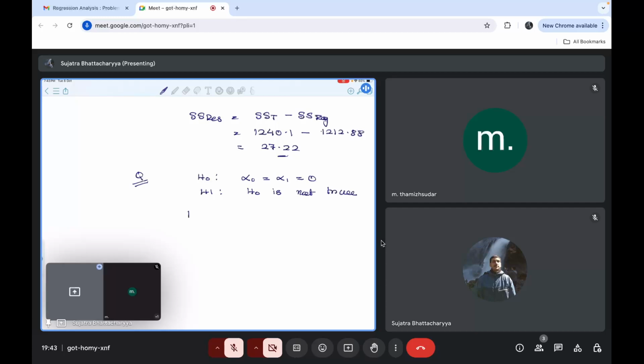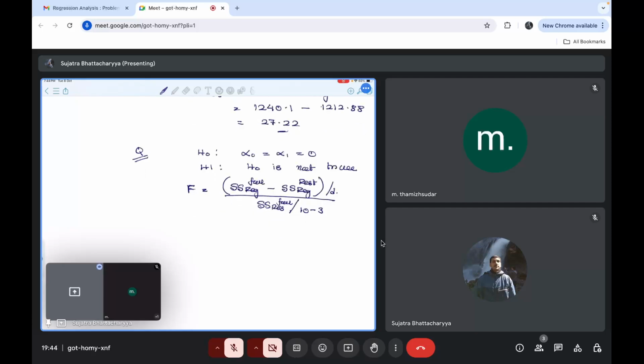To do that, you have your F statistic, but you have to use the extra sum of squares. So it will be SS regression of the full model minus SS regression of the restricted model divided by the degrees of freedom, divided by SS residual of the full model divided by 10 minus how many? 3. Because in the entire model you have alpha naught, alpha 1 and alpha 2. So 3 unknown parameters. That's why this is the degrees of freedom.